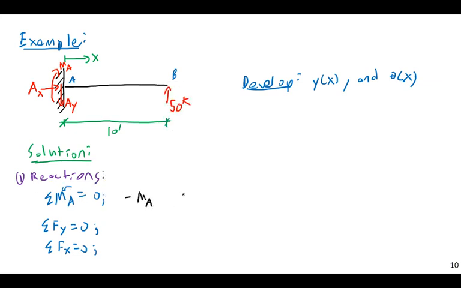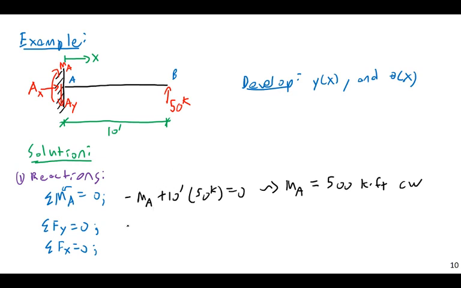Negative MA, and the reason I did this is because I know if this thing is generating moment that is clockwise, the resisting moment must be counterclockwise. Plus 10 feet times 50 kips equals 0. And this leads us to the reaction moment, MA, is equal to 500 kip-feet clockwise.